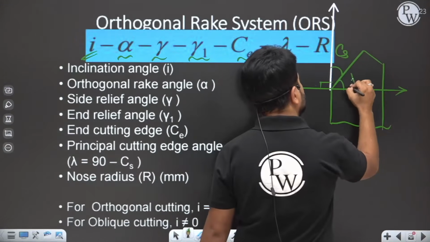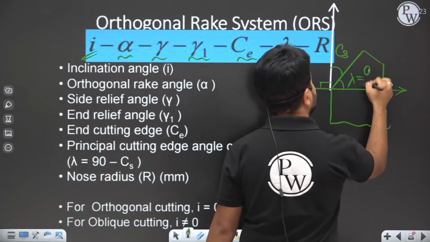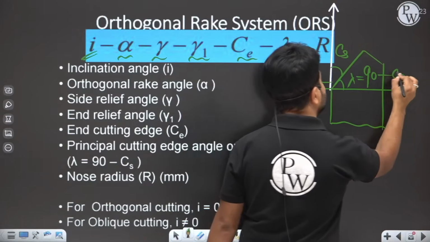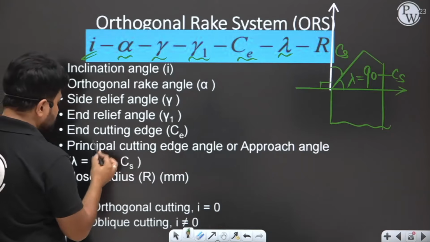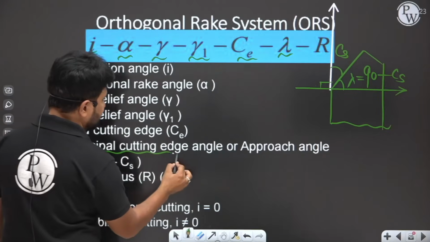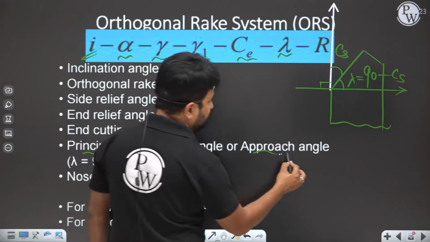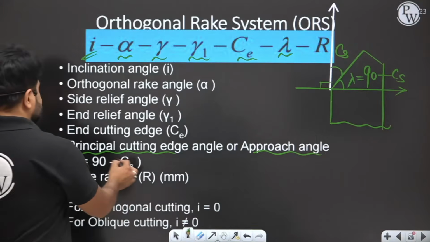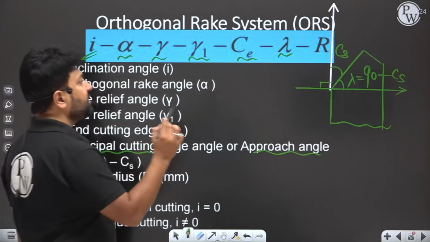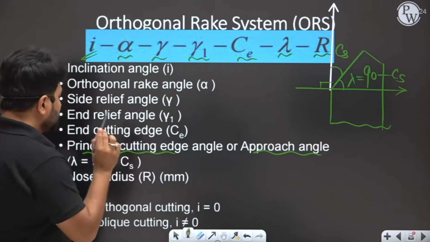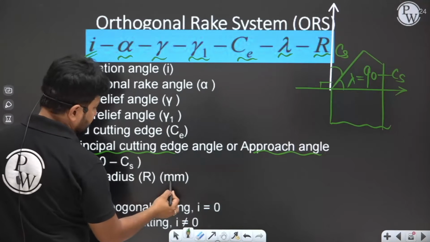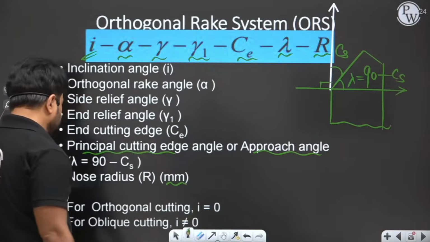This angle is known as approach angle, lambda, that is 90 minus CS. It is also called the principal cutting edge angle or approach angle, which is 90 minus CS. And at the end, we have the nose radius, that is R. Generally, we keep nose radius in mm in the orthogonal rake system.